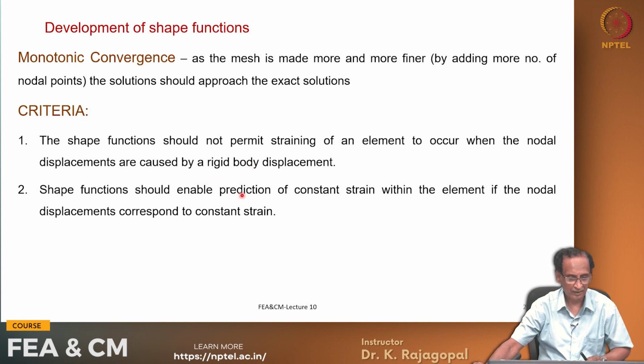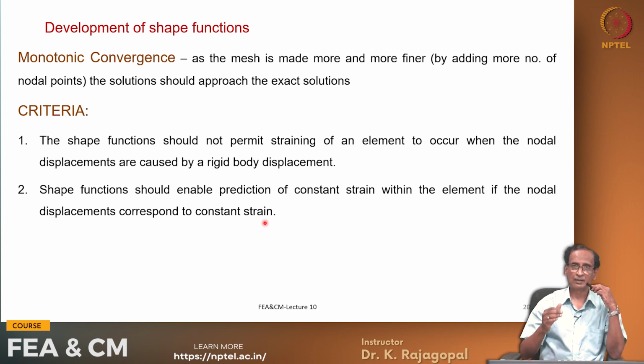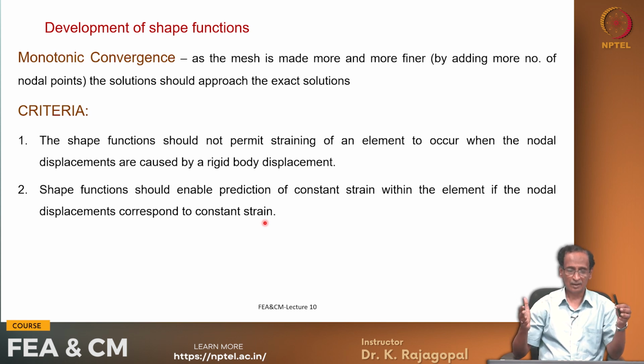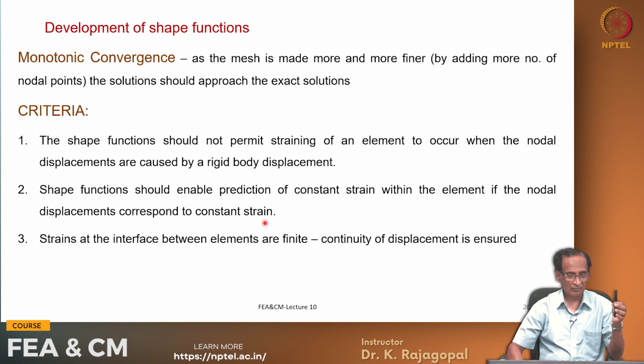The shape functions should enable prediction of constant strain within the element if the nodal displacements correspond to constant strain. For example, if I compress this pen, there is some strain, and whatever may be the point within the pen, the strain is constant, because that is what is applied on the system, and our shape function should be able to predict this constant strain.